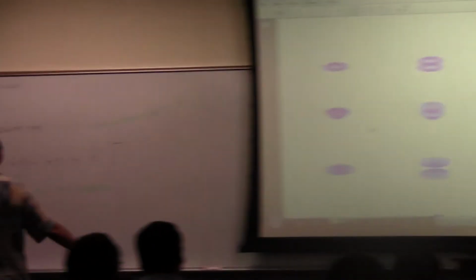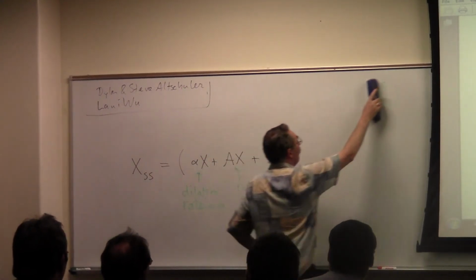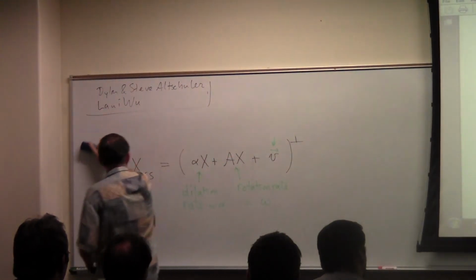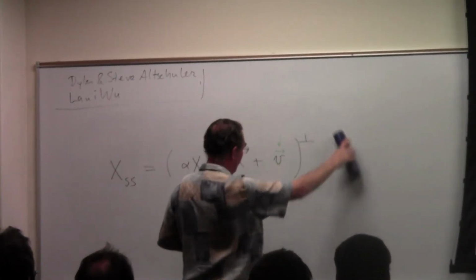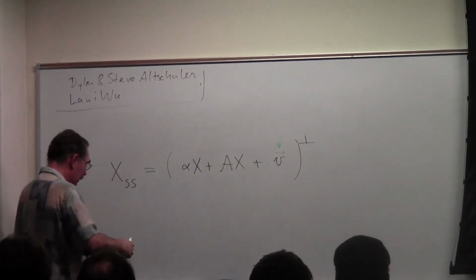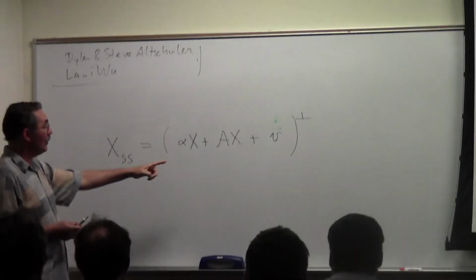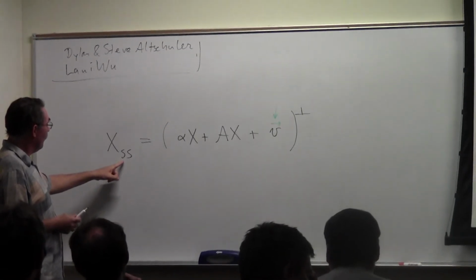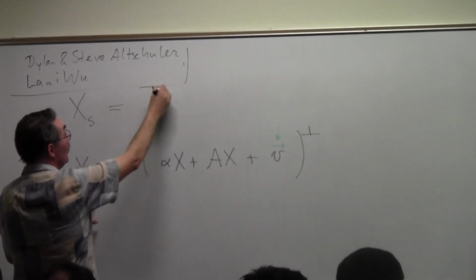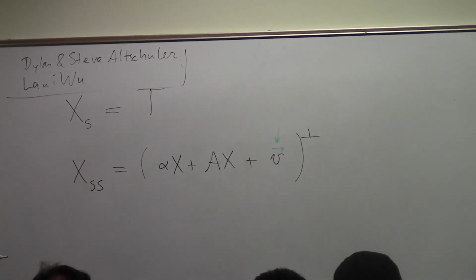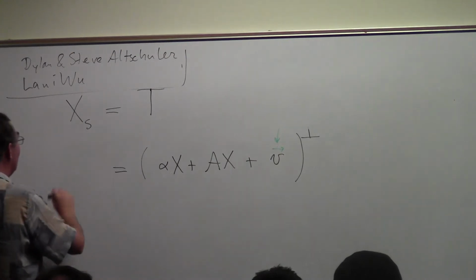So let me just say something about the nature of this differential equation. I can write this as a system of first order equations in a completely standard way. It's a second order differential equation. X_s, well, it's the unit tangent, so let's call that T. And then this is the derivative of X_s, so this is T_s.